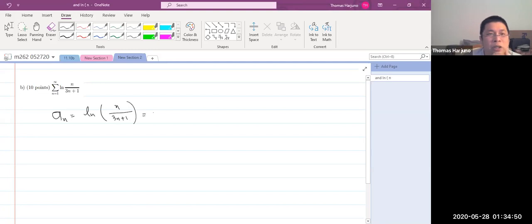Which equals natural log of, if I divide by n on the top and bottom, this converges to ln 1/3, which is not 0.